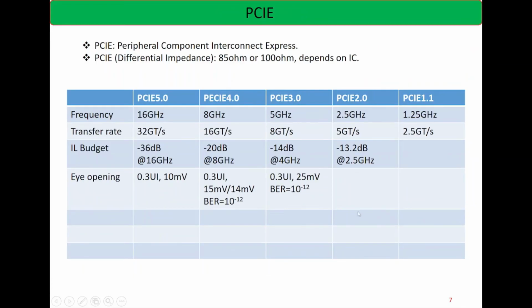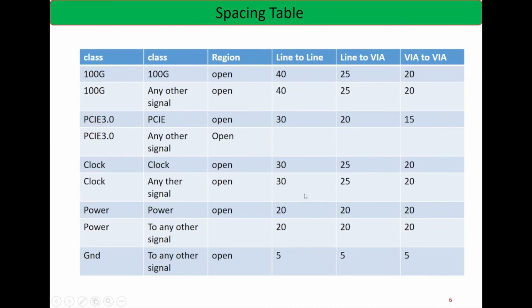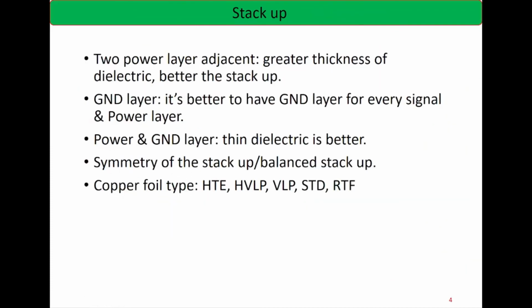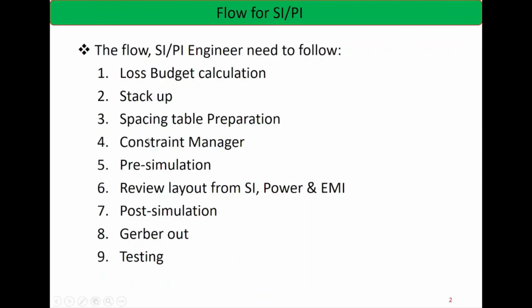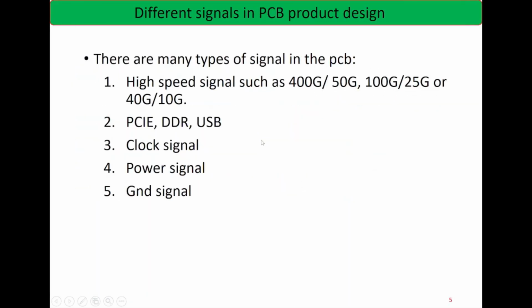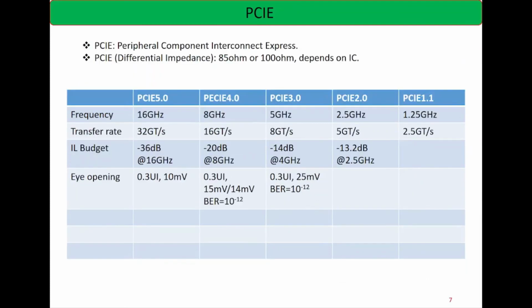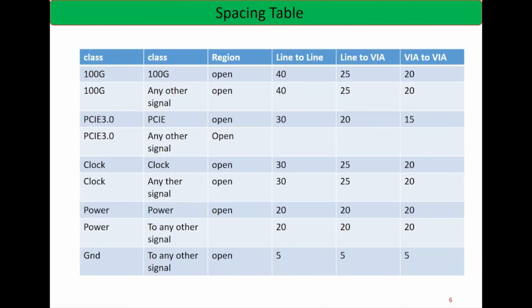In the next video, I will discuss PCIe, but for now you need to understand the classification. I have discussed the classification, spacing table preparation, and constraint manager. These slides help you understand the flow related to classification, spacing table preparation, and constraint manager entry.